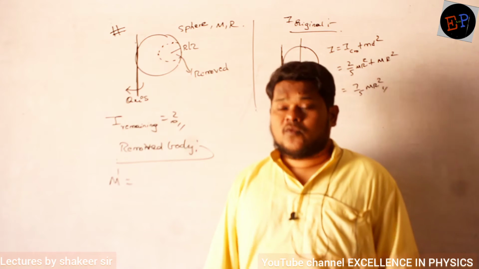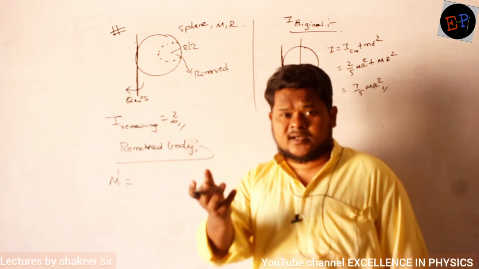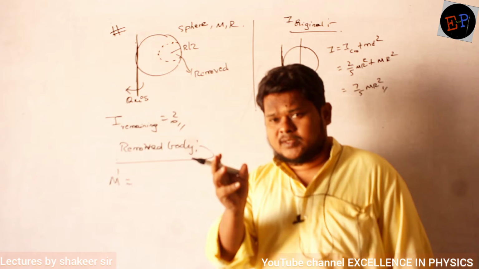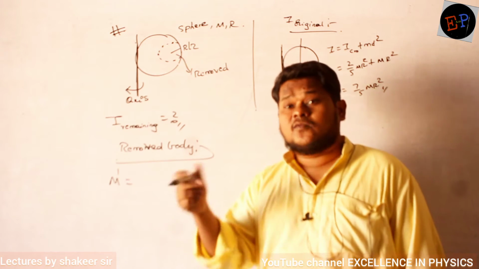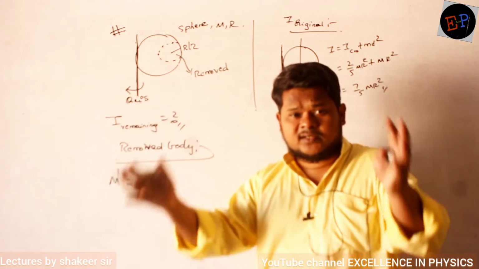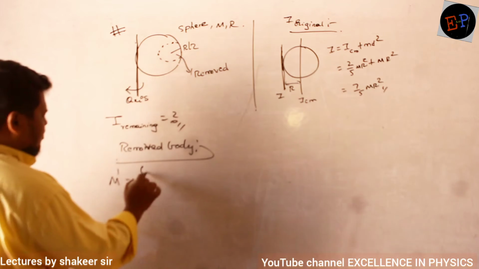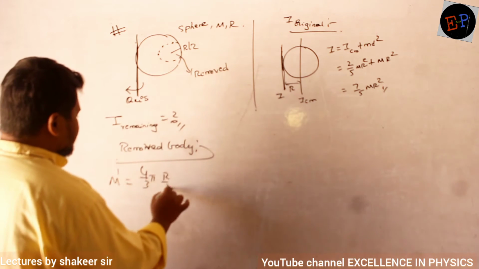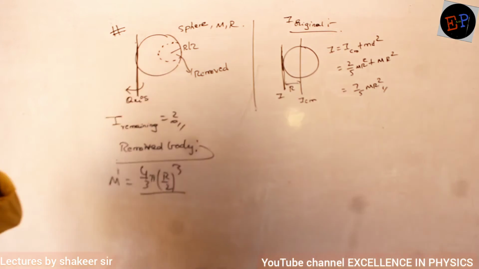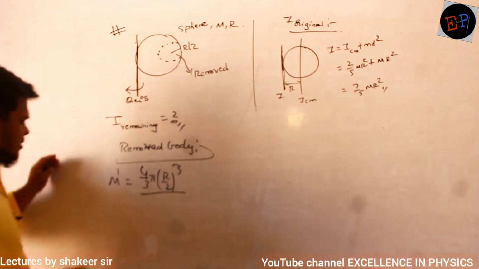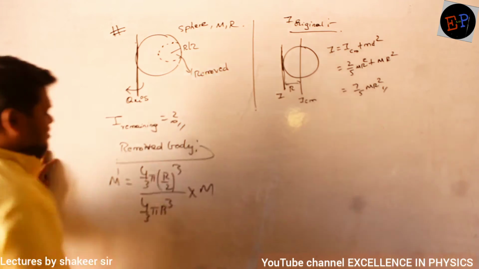We take the fraction of volumes. Why do I have to take the fraction of volumes? For the disk we had taken the fraction of areas, no? But here I have to take the fraction of volumes because mass is distributed in volume in the case of a sphere. So what is the formula of volume? 4 by 3 pi, radius is only half, so 4 by 3 pi (r by 2) cube, divided by the volume of the original sphere, 4 by 3 pi r cube, multiplied by the total mass m.